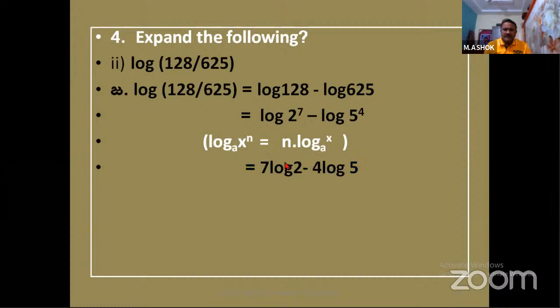So it becomes 7 into log 2 minus 4 into log 5. That is the answer. Very simple. This type of questions may come for 1 mark or 2 marks, or in part B, that is the bit paper.